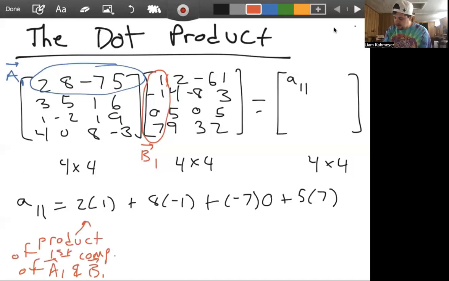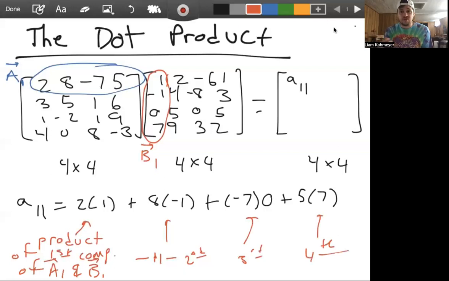And here it's the same thing for the second, and for the third, and for the fourth. Well, what we're doing here isn't just arbitrarily chosen. What we're actually doing is multiplying two vectors in a certain way. We're taking the dot product of these two vectors.